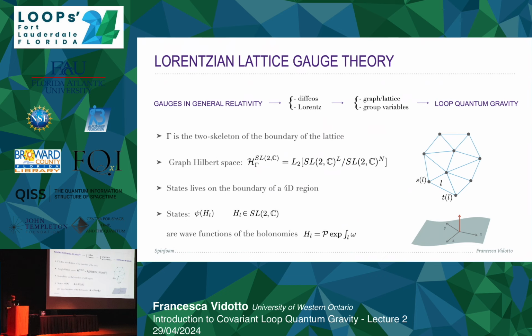But now, let's imagine that we construct the same Hilbert space as before, but instead of functions valued in SU2, we have functions valued in the Lorentz group. As before, instead of working with SO3, we worked with a double covering, SU2. Here, the double covering of the Lorentz group is called SL2C. Okay? So I will talk about SL2C all the time.